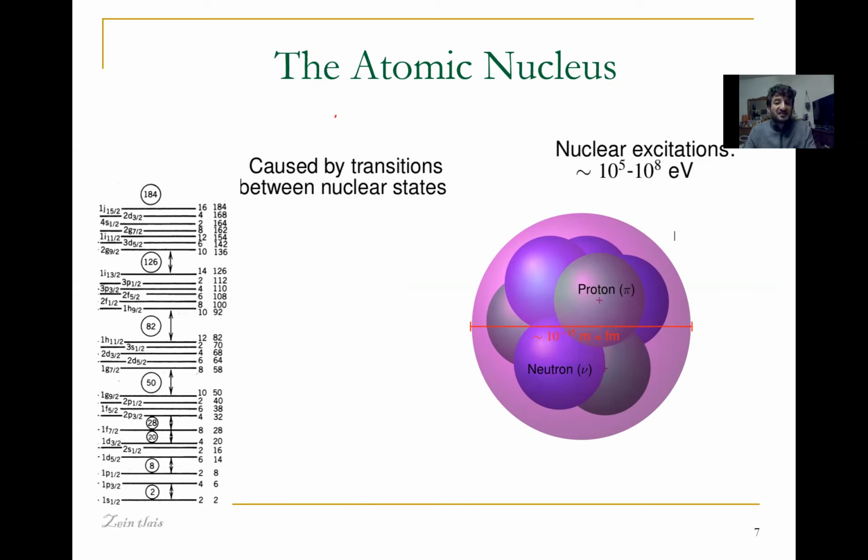The nuclear excitations must be between 10 power 5 and 10 power 8 electron volt. What I mean is, if you want to have some nuclear reactions, the energy must be between 10 power 5 and 10 power 8 electron volt.